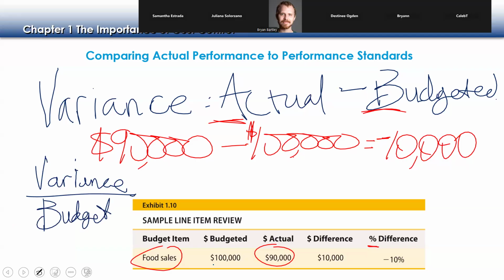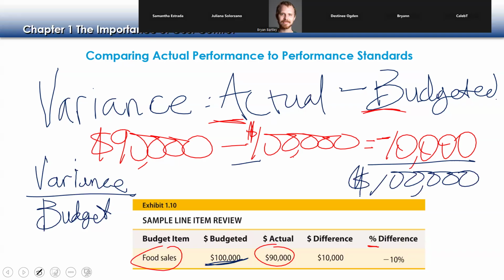Whatever that budgeted amount was, that's what we're going to divide by. So 10,000 divided by 100,000 is 10%. And because of the negative, it's a negative 10%. That means we did not quite meet our budget of $100,000 in sales.